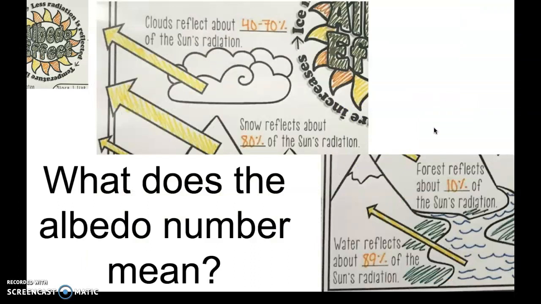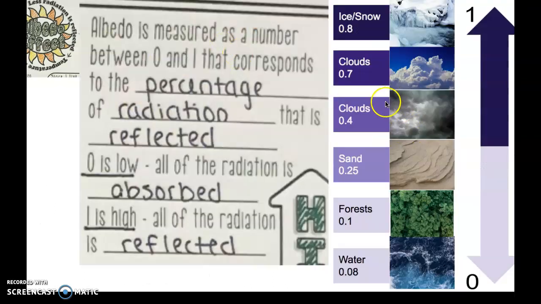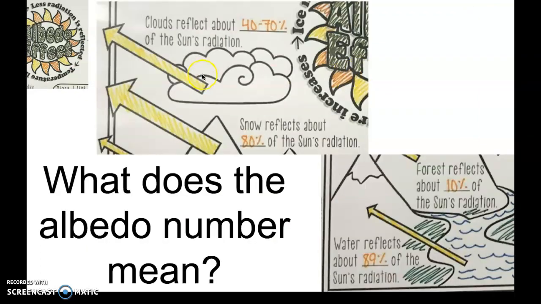What do the albedo numbers mean? So again, clouds reflect about 40 to 70% of the sun's radiation. We learned that clouds have an albedo number of 0.4 to 0.7, meaning that they reflect about 40 to 70% of the solar radiation. Same with the snow.